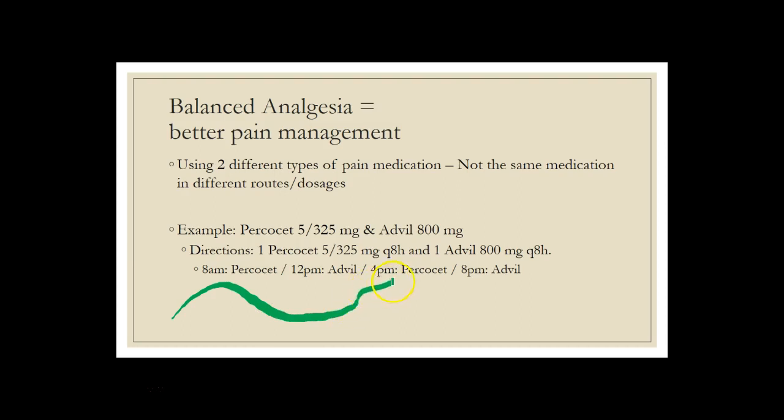Then they take the next Percocet at 4 and see how its effectiveness starts to dip. So then if they're taking the Advil in conjunction with this, let's change this to orange, they're going to start taking that while your Percocet is going down.